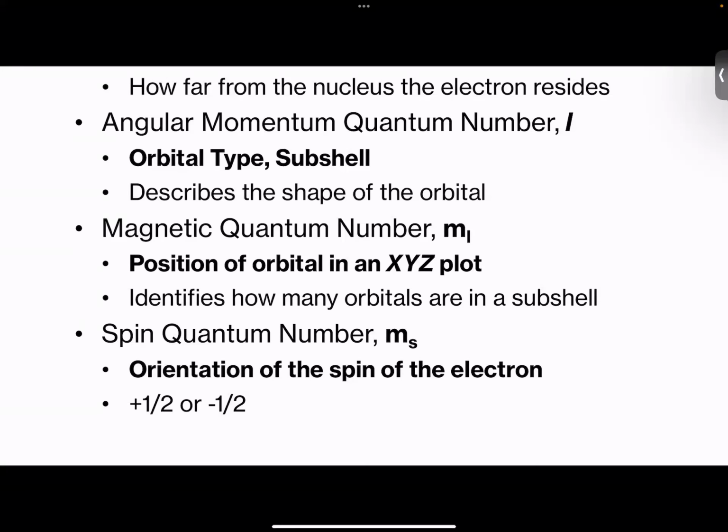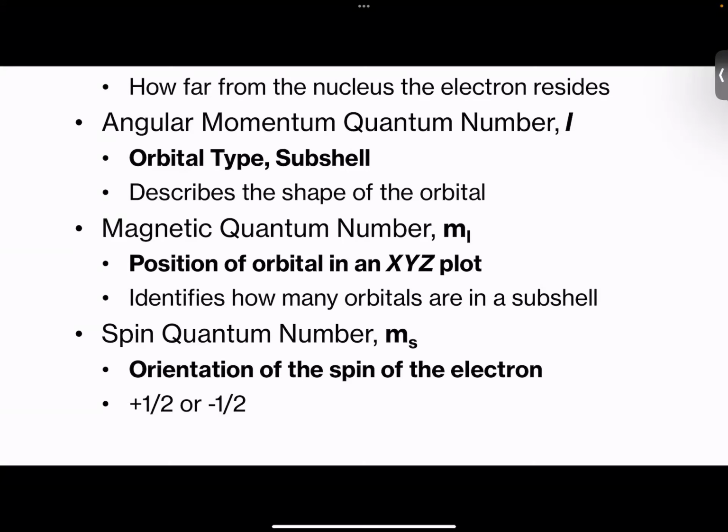The shell would be the state of Arkansas. That's our biggest piece of information. Then we get into the angular momentum quantum number, the subshell, which describes that you're in the city of Conway.